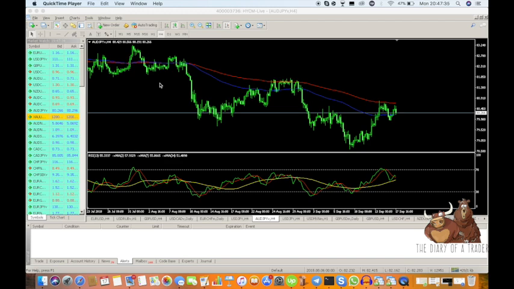The fundamental driver has been rhetoric out of the US-China trade war, and the tariffs that the US are going to put on China have meant the Australian dollar has been sold quite heavily. The reason is quite simply that the Australian dollar is a proxy for how well China is going.